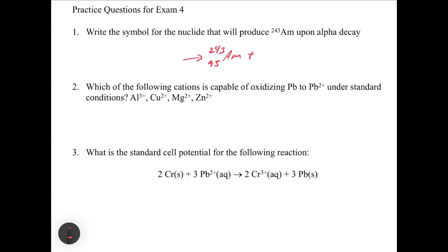If we're producing americium by alpha decay, the other particle we're producing is an alpha particle, a helium-4 with atomic number 2. So if we work backwards, we add these together: 95 plus 2 gives us 97, and then we add 4 to 243 to get 247.